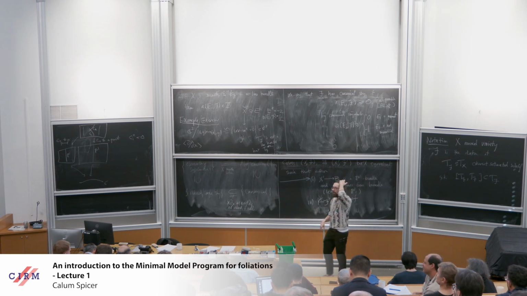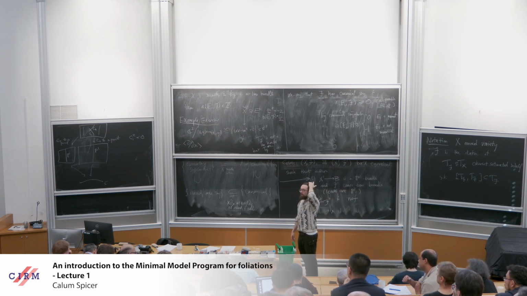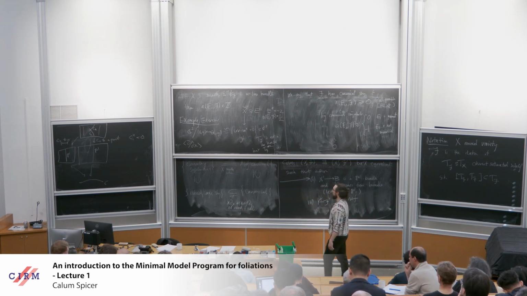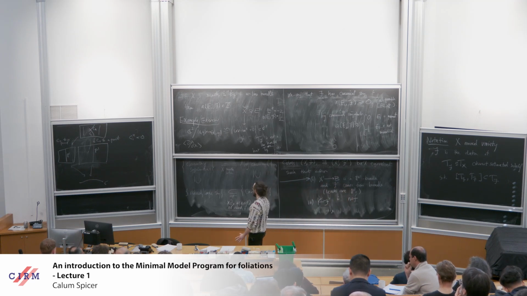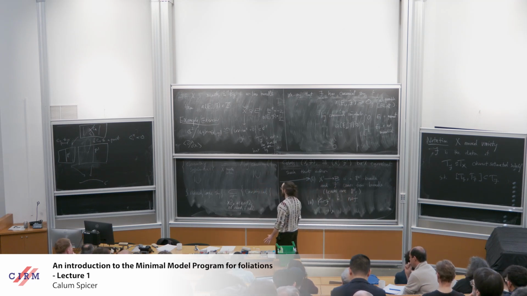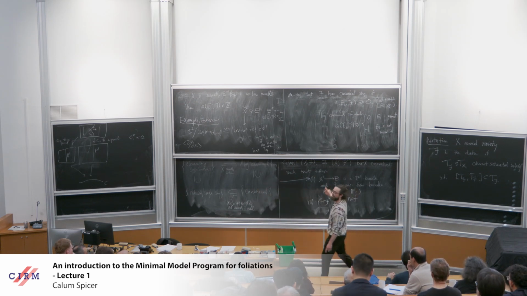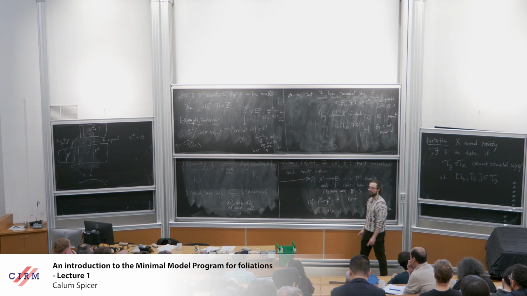Is there a class of singularities in MMP terms that corresponds to the reduced simple ones? As far as I know, there's no clear way to distinguish these two classes just using these numbers.